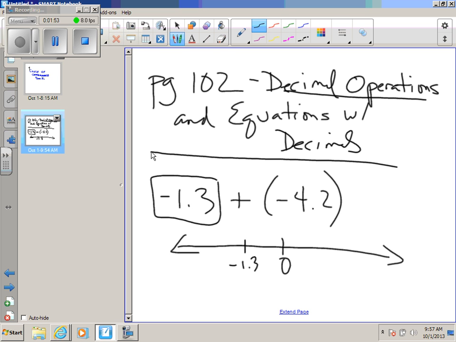So if you just had a negative 1 and you subtracted 4, you went 4 places that way, where would you be? Just look at the whole numbers first. Negative 5. Now you add on the decimal portions. The 0.3 plus the 0.2 will put you at a negative 5.5. It's almost like you're adding the two values together because you're going in the same direction on the negative side.